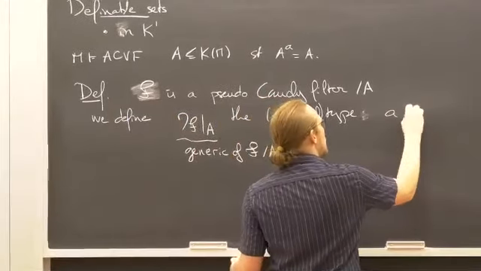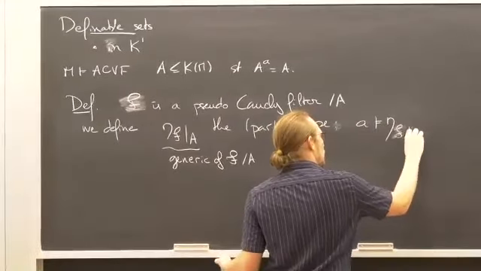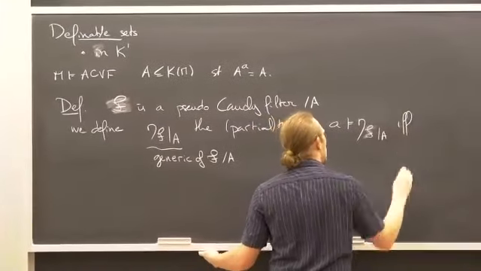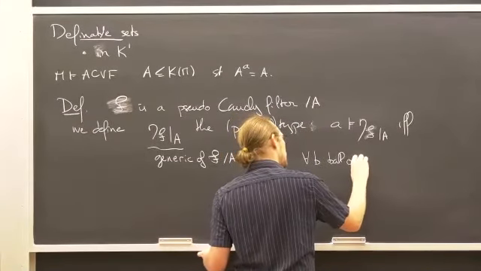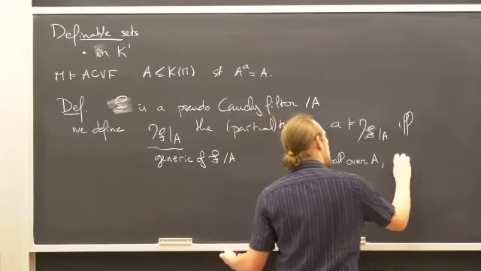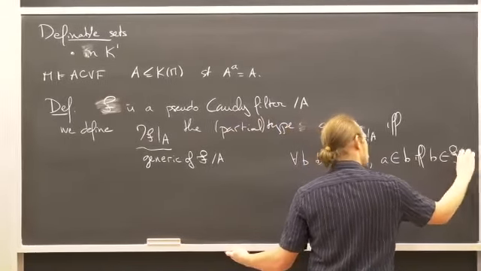So a realizes eta_F over A if and only if for all balls B over A, a is in B if and only if B is in F.